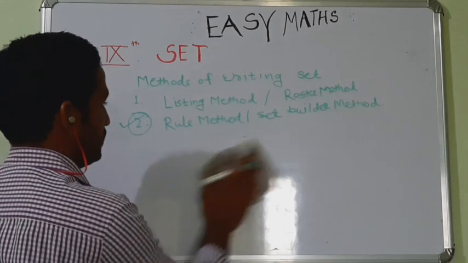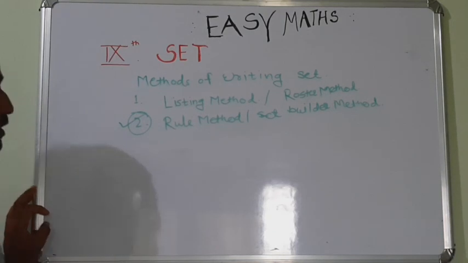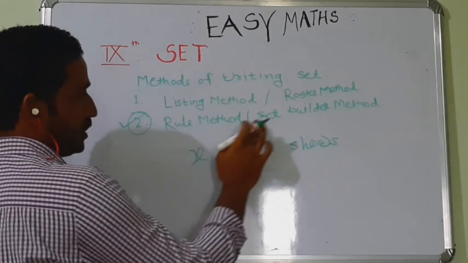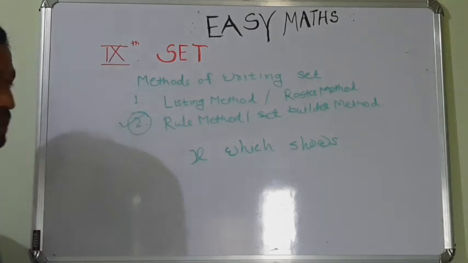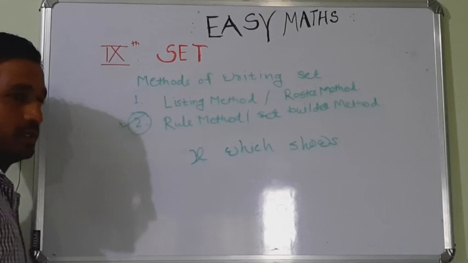Second method is rule method or set builder method. In this method, we cannot list the elements of the set.